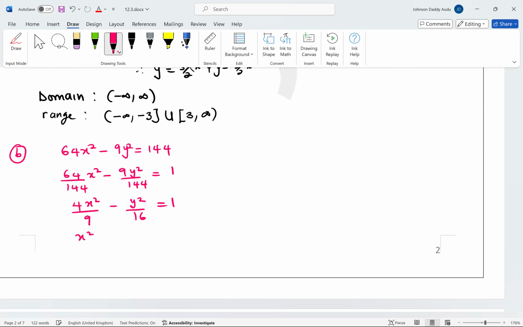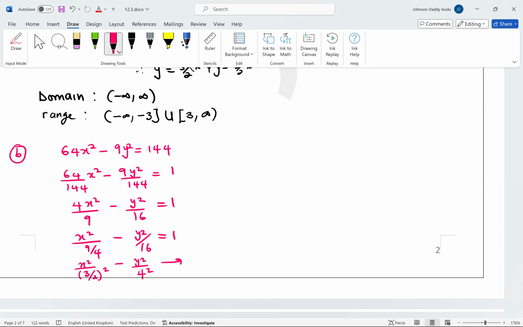And then we can rewrite this as x squared over 9 over 4 minus y squared over 16 equals 1. So here you can see now we can write this as x squared over (3 over 2) squared minus y squared over 4 squared.